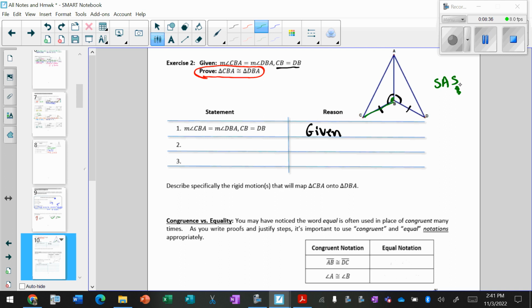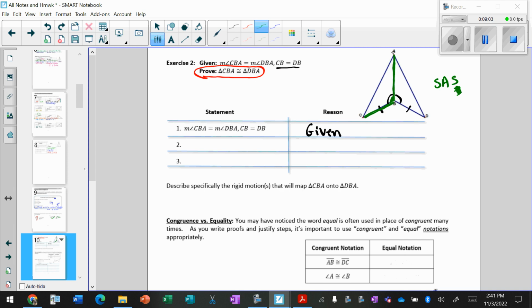Where is that other side? In order to go in the correct side, angle, side order, what would be the next side in our picture? Side, angle, side. So it would have to be side AB from triangle CBA and triangle AB from triangle DBA.